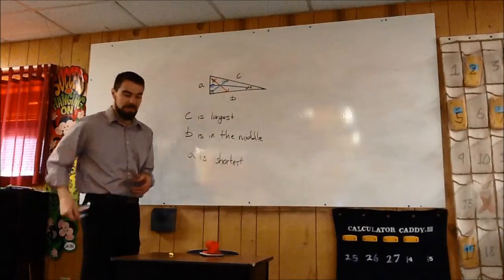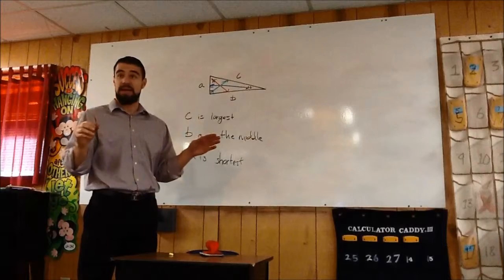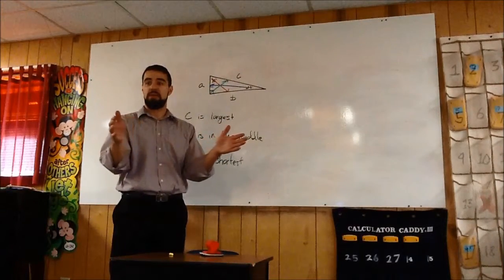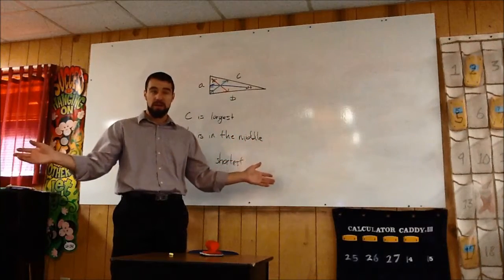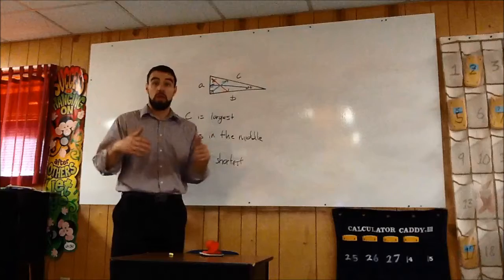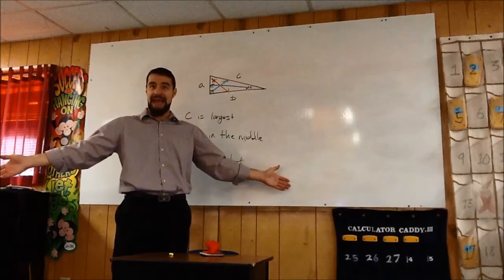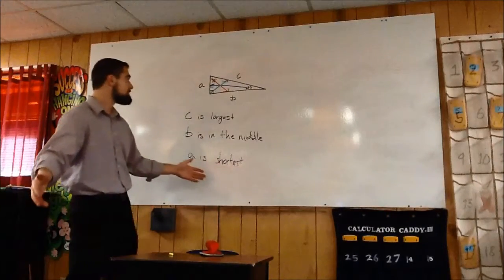That should make sense, because if I'm an angle right now and the opposite side is the distance to my fingertips, as I make the angle bigger and bigger, my hands are getting further and further apart. So the larger the angle, the larger that opposite side has to be to accommodate the angle measurement.